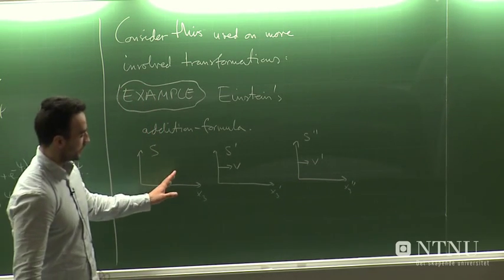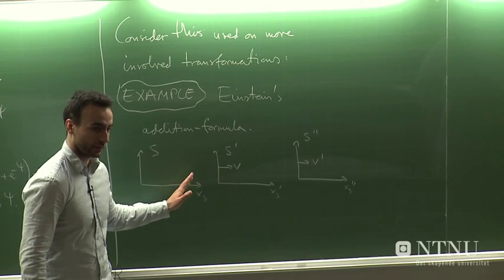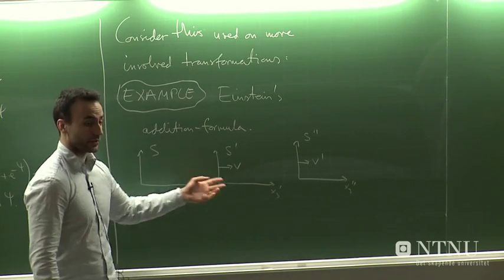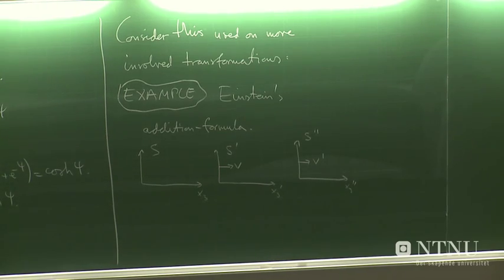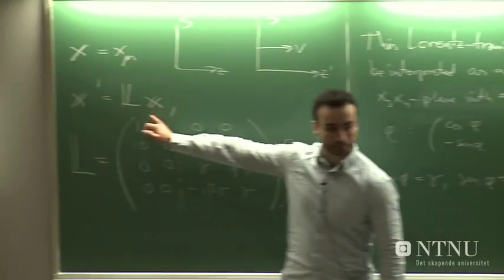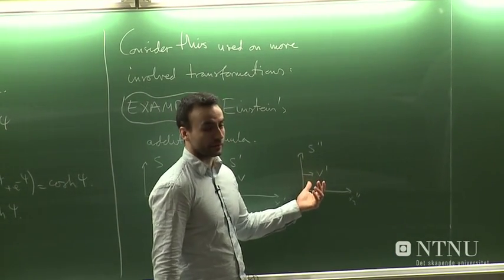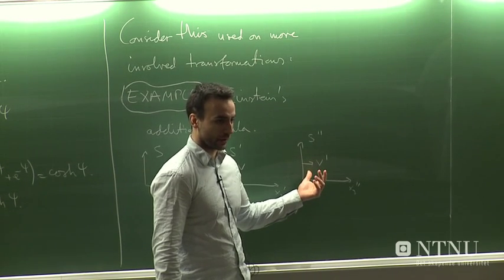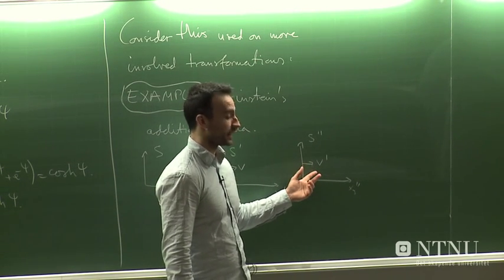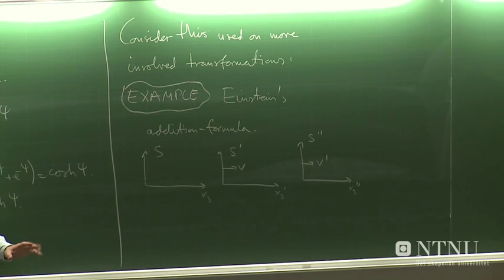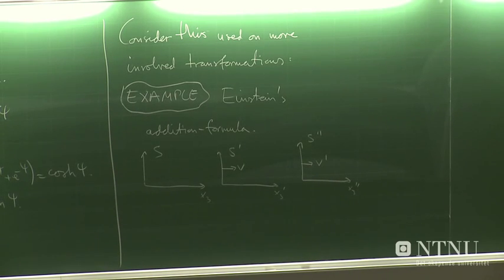Now, we considered this situation previously, so we know how to go from the coordinates in this system to this system. This is just a Lorentz transformation here. But let's now say we would like to transform our coordinates to the double prime system to figure out what an observer in S double prime sees in relation to what we see for the space and the time coordinates.